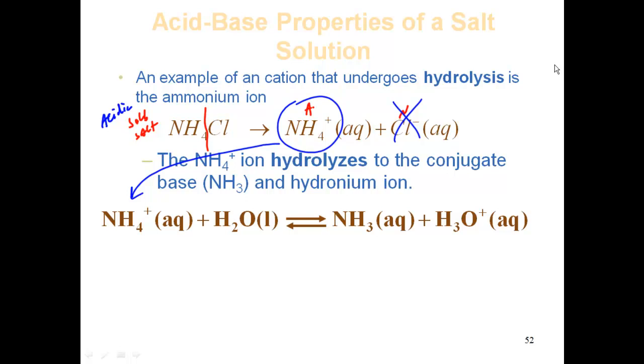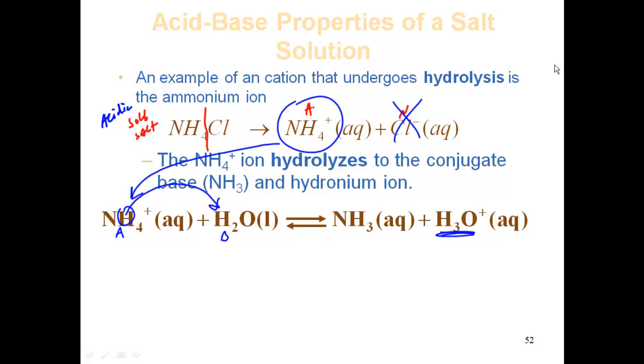So how do you do the hydrolysis? Well, you write your species, which we said is an acid, which basically means water is the base. So my acid will donate the proton, which now gives me hydronium ion and ammonia. Anytime I'm talking about an acid hydrolysis, I should be forming hydronium ion. If I'm talking about a base hydrolysis, I should be forming hydroxides.